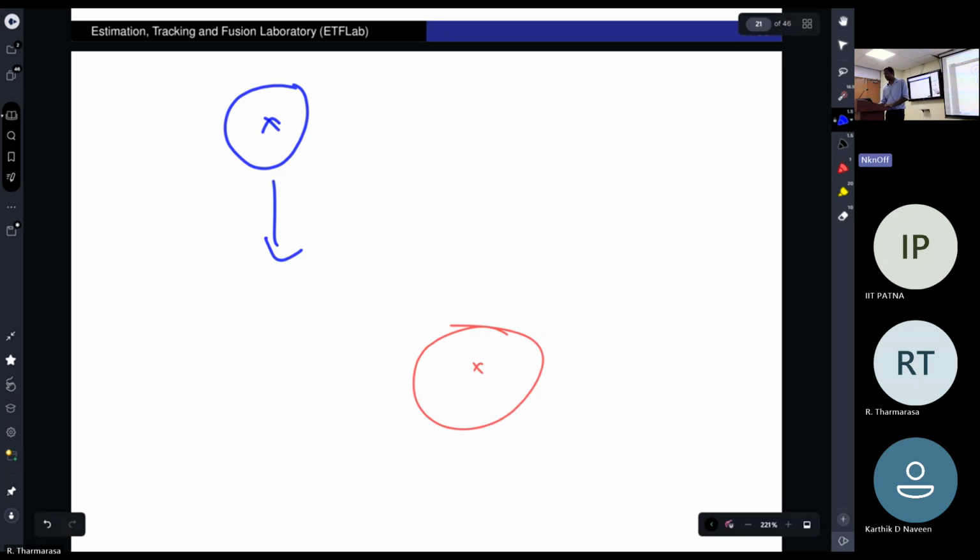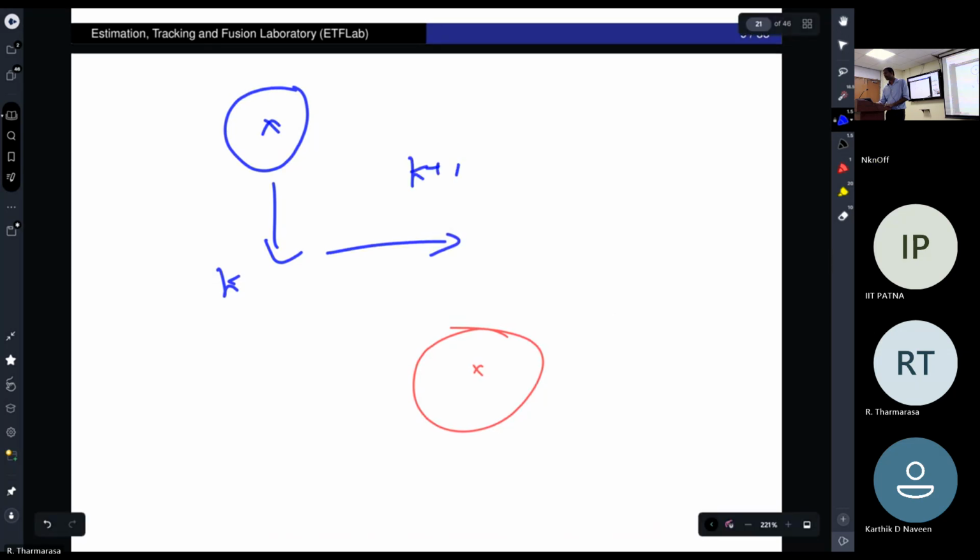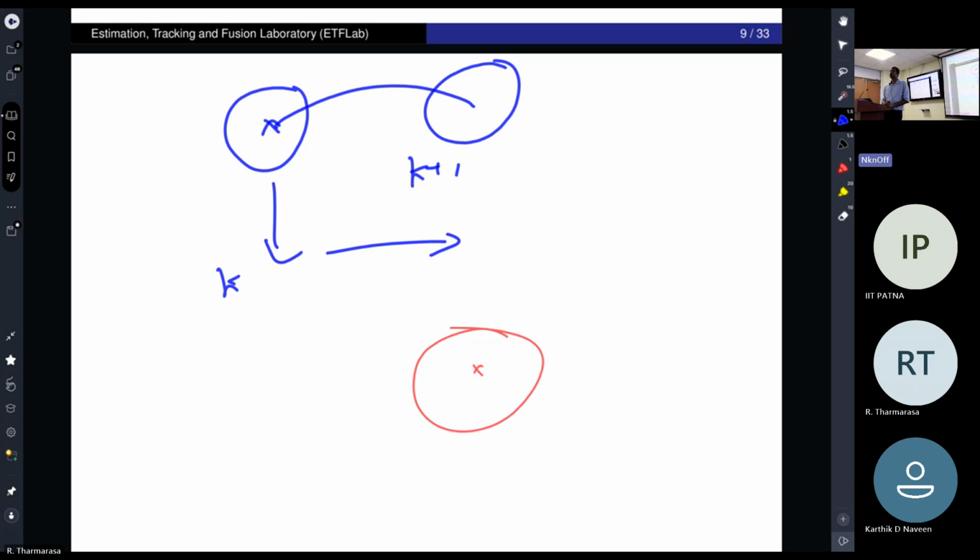Now we go to K and we go to K plus 1. Let's say there's no association at this point; for some reason there's no measurement. This is a predicted covariance, just a predicted covariance, nothing else. Now, it sends again to the global one.